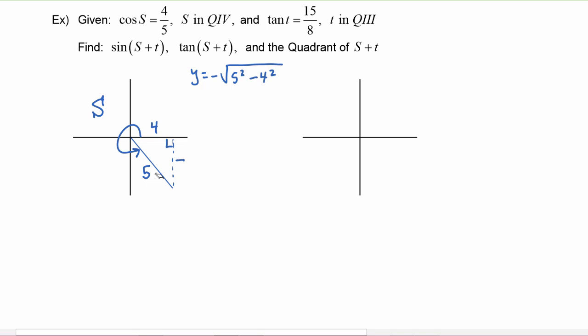Or you can think of it as the hypotenuse squared, so 5 squared, minus the other leg squared, 4 squared. We get the opposite of radical 25 minus 16, which equals the opposite of radical 9, which is negative 3. So we mark that on our picture.